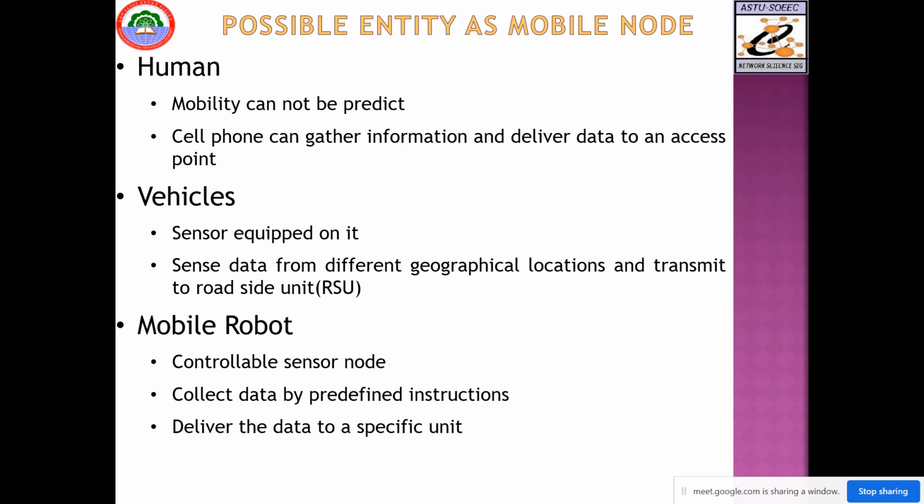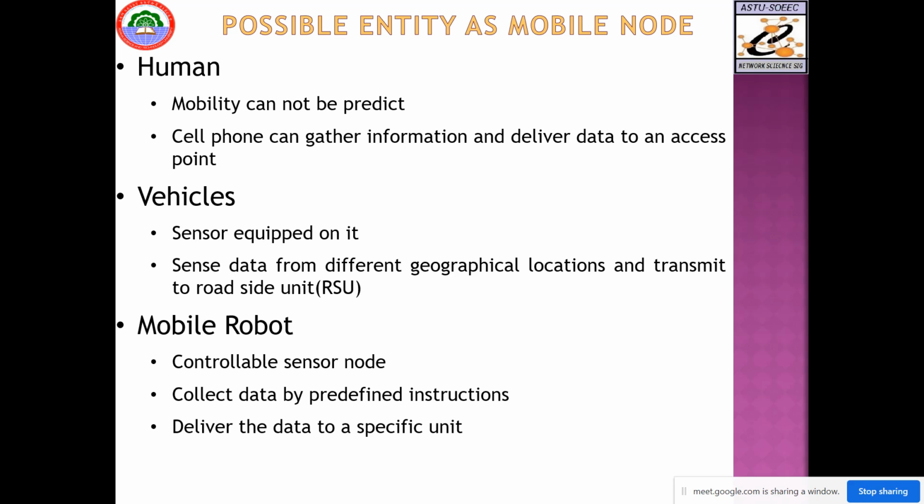That means we are considering a human as a sensor node. This concept, considering a human as a sensor, is called human centric sensing, that we'll discuss now. These mobile human beings acting like sensor nodes are going to sense and also move the data as well as the node from one location to another location.